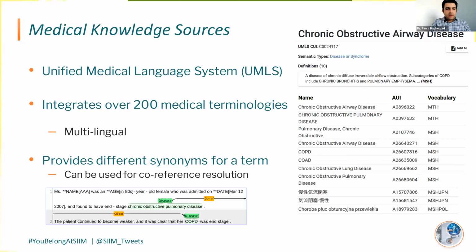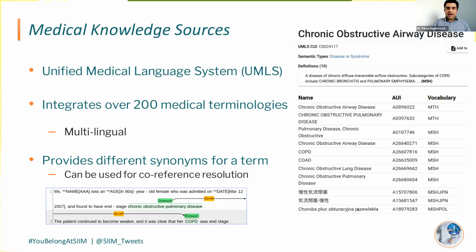UMLS again is a knowledge graph that integrates more than 200 medical ontologies from different languages. For instance, you see here the entry for chronic obstructive airway disease. This has many different entries in it, and you can see we even have entries from Japanese and Polish.